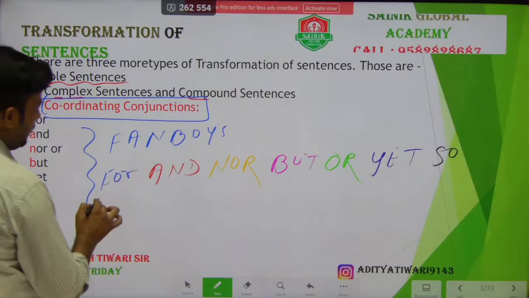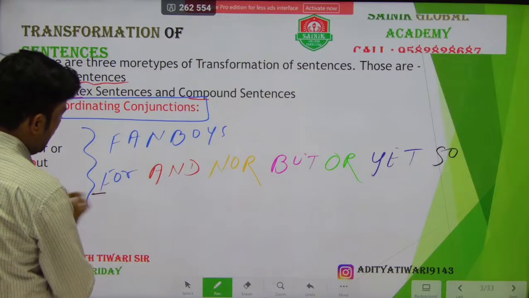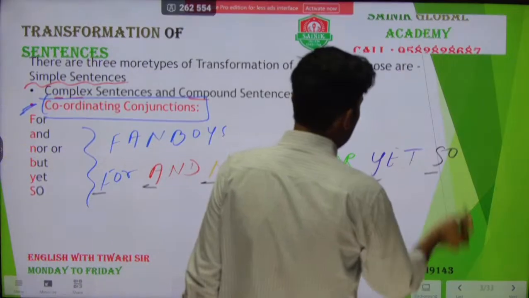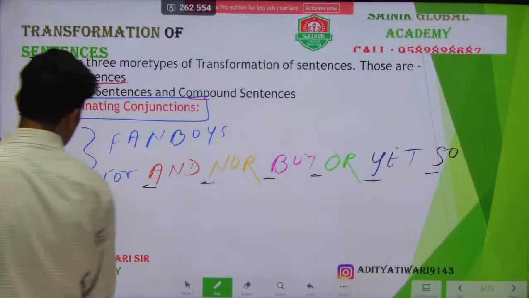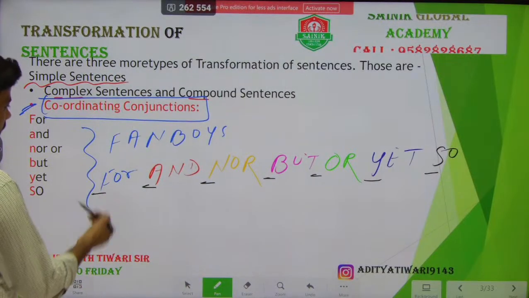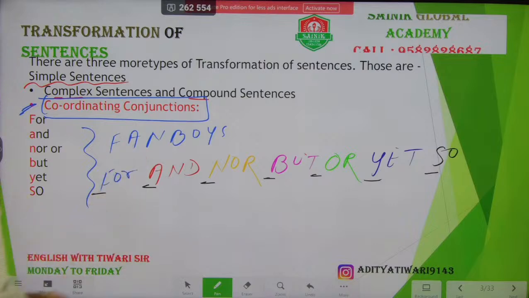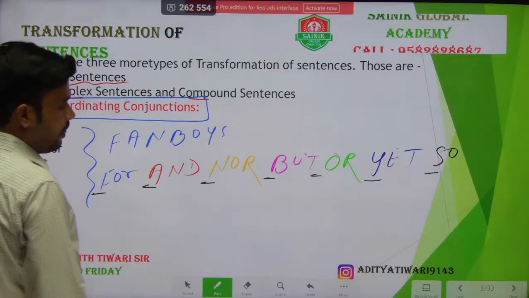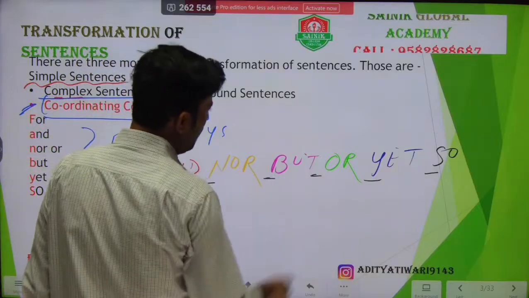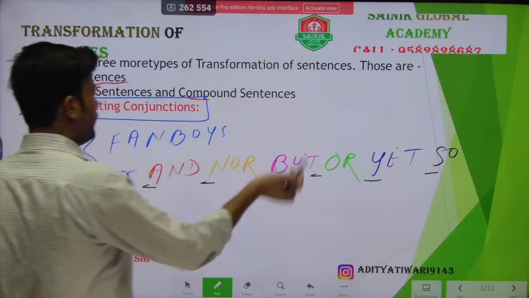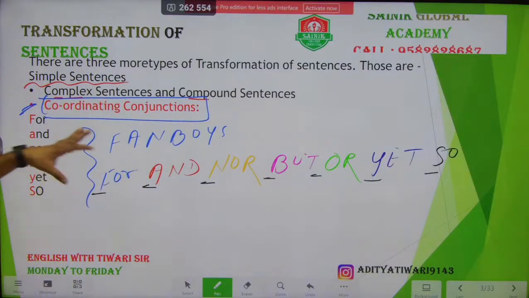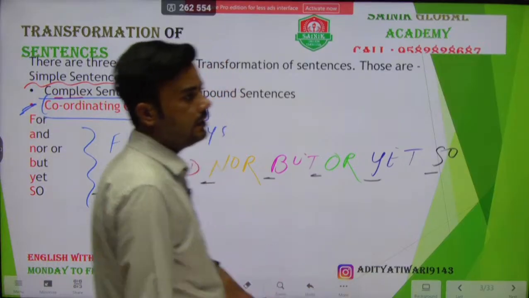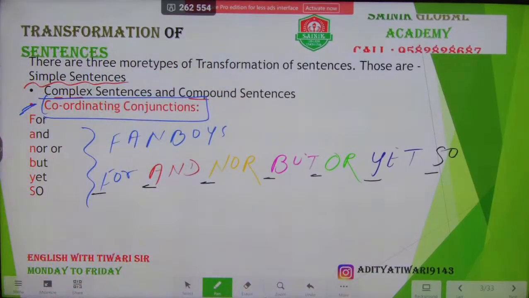We take the first letter of every one: F, A, N, B, O, Y, S. From for we take F, from and A, from nor N, from but B, from or O, from yet Y, and from so S. So finally it becomes FANBOYS.